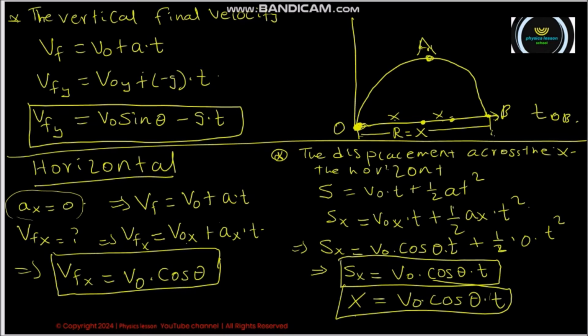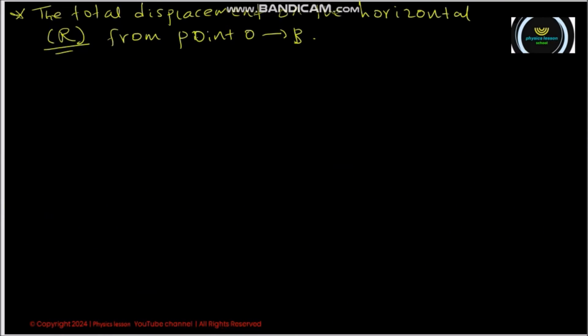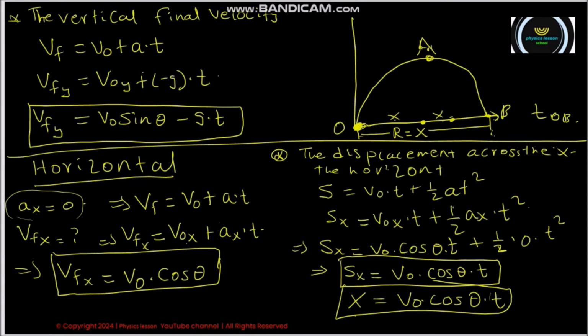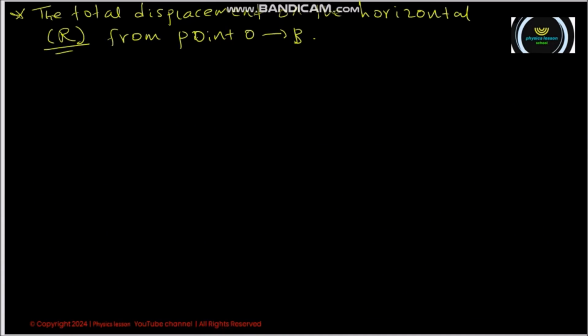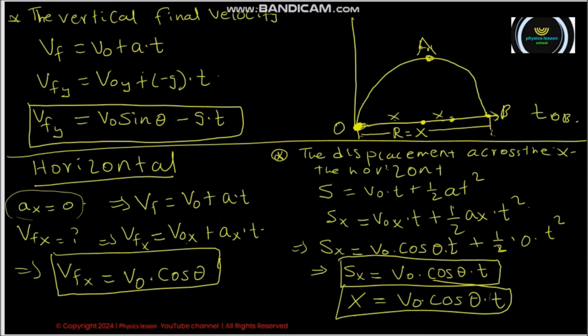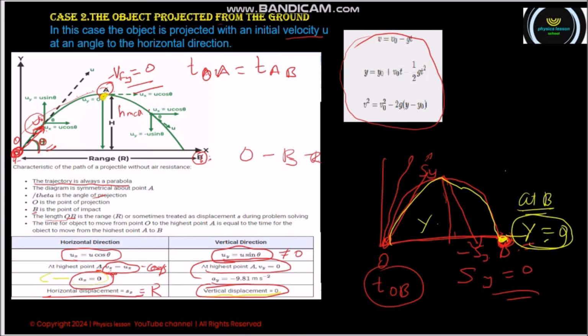That means the total can be calculated by v naught times cos theta times the time from O to B.